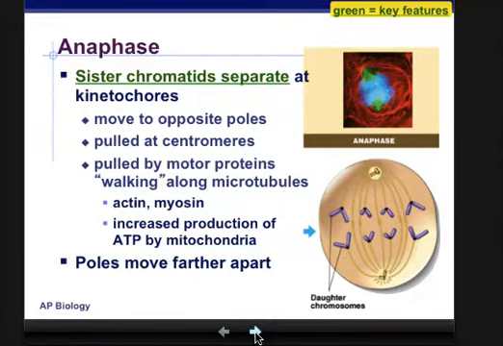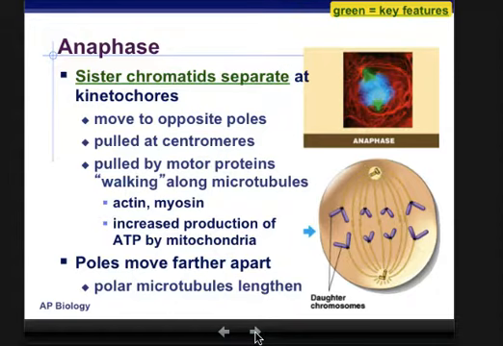It's hard to come out in full sentences all the time in these videos, I gotta say. Okay, so the polar microtubules are lengthening. So that's a part of how, when the poles move further apart, the microtubules are going to lengthen.